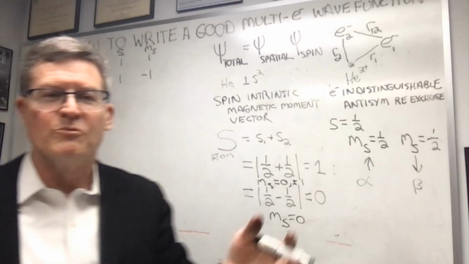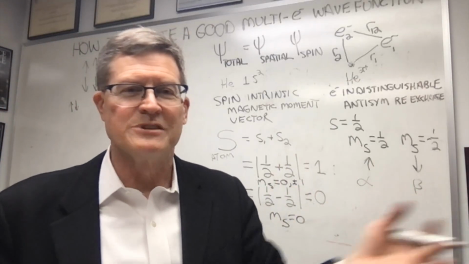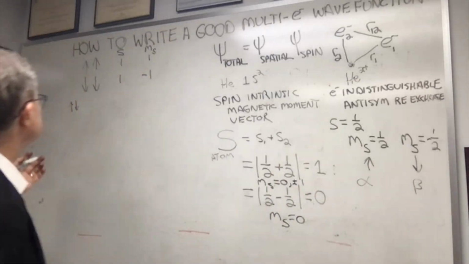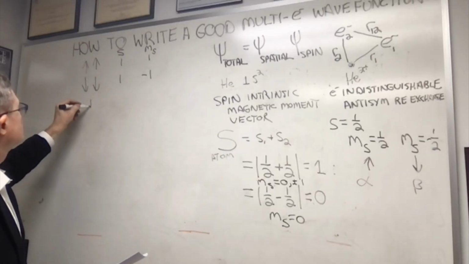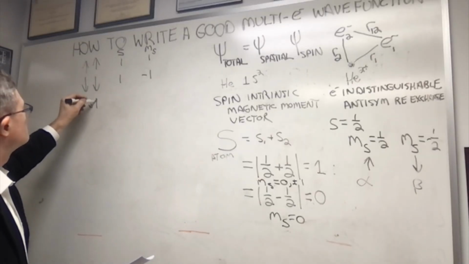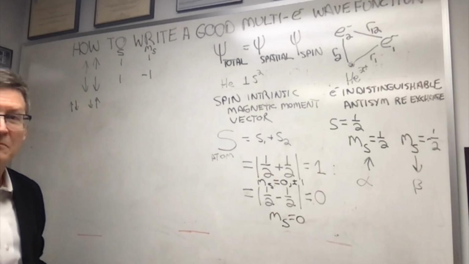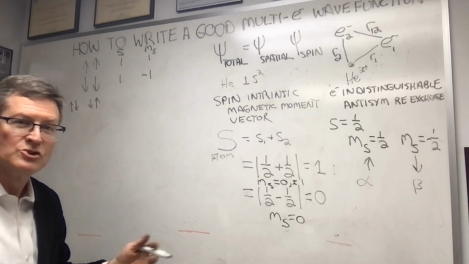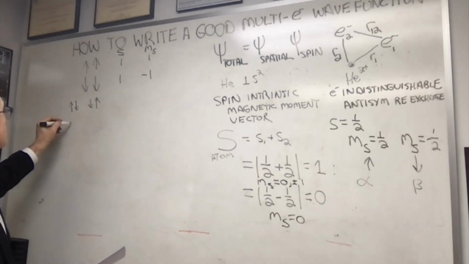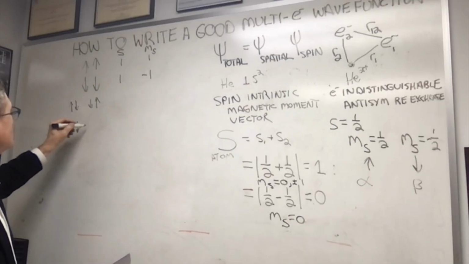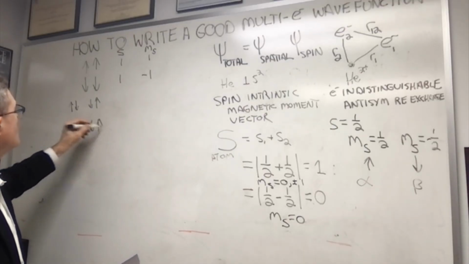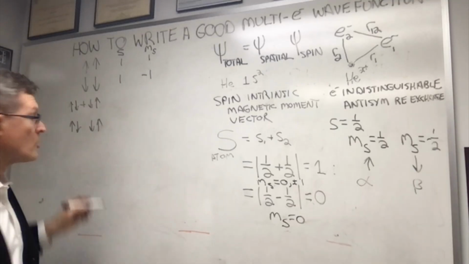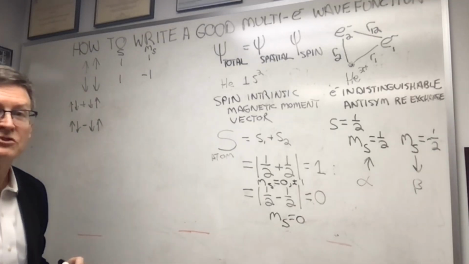Or we could take 1 electron, put it up, and 1 electron, put it down. But we don't know which one is electron 1 and which one's electron 2. So we have to allow for the possibility that we've switched them. And if we're going to do that, there are 2 ways we can put them together. We can either put them together where we add them, or we can put them together where we subtract them.